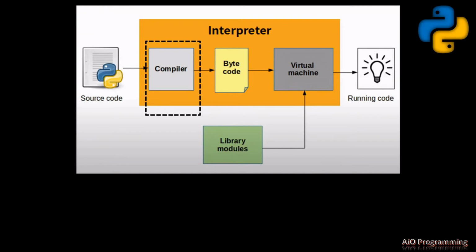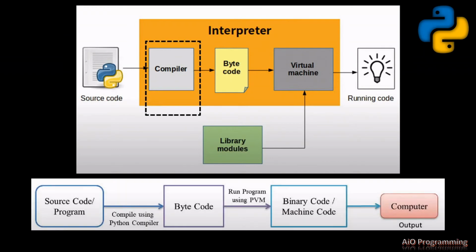After compilation of the source code into bytecode, the interpreter creates a file with a .pyc extension. This compiler executes the source code line by line, not the whole code at one time. Then after the source code is converted into bytecode, the virtual machine of the interpreter converts this bytecode into machine code of 0s and 1s, so that computer processors can easily understand that code and return the output on the console.